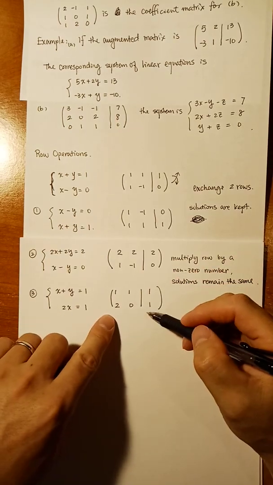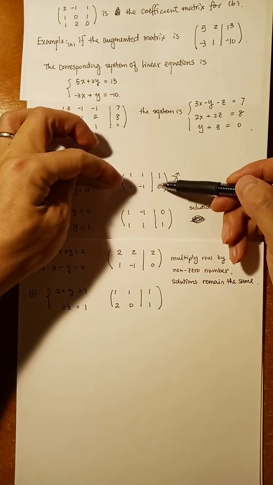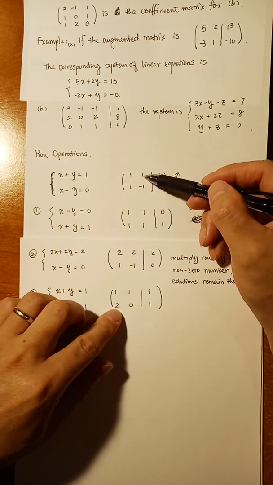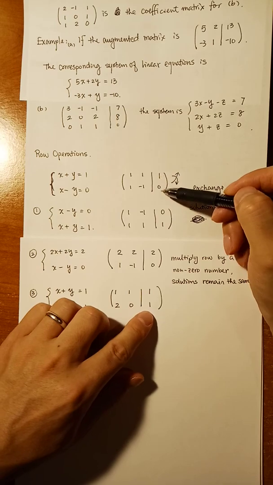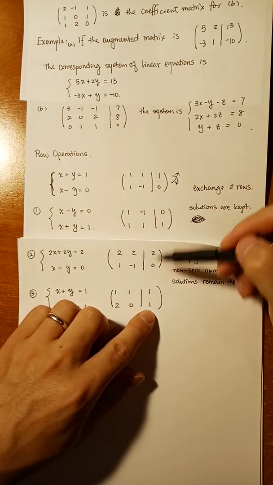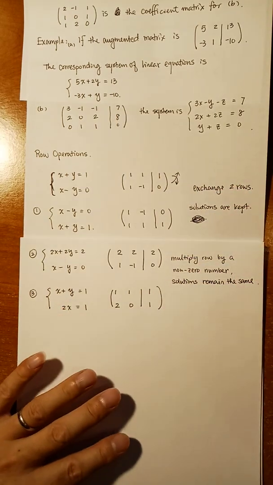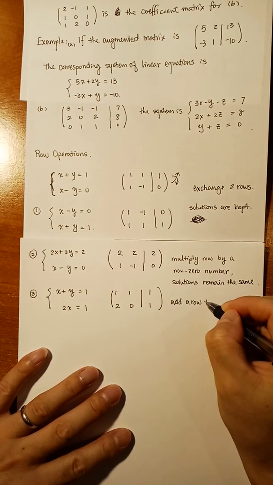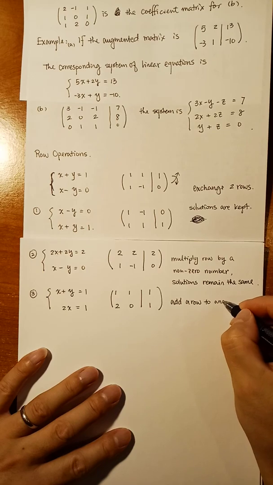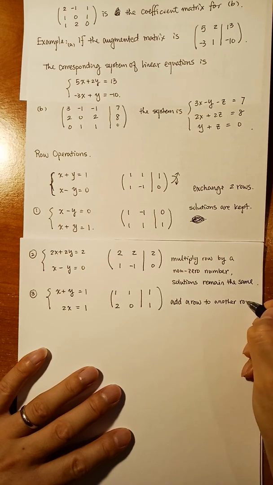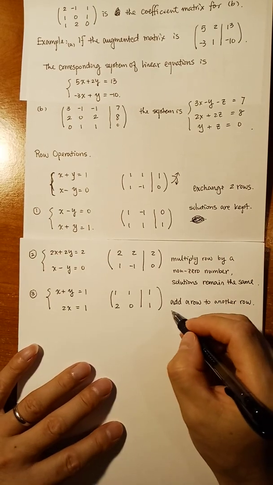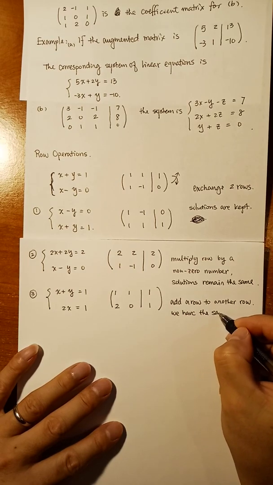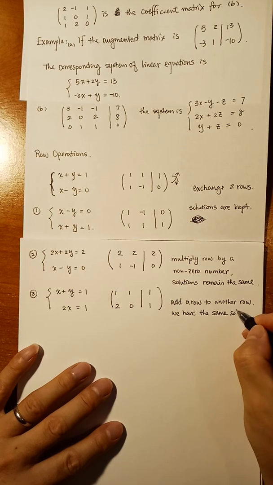How do we get the 2, 0, 1? You just add the first row to the second row. So 1 plus 1 is 2, 1 plus negative 1 is 0, 1 plus 0 is 1. So we can add a row to another row, but we still have the same solutions.